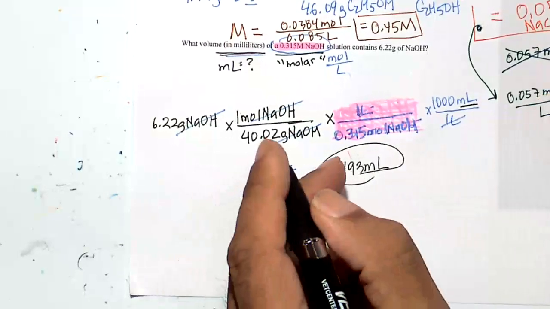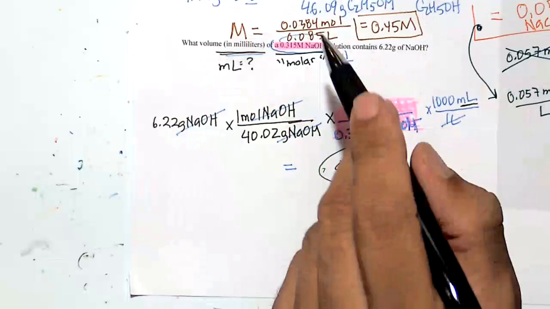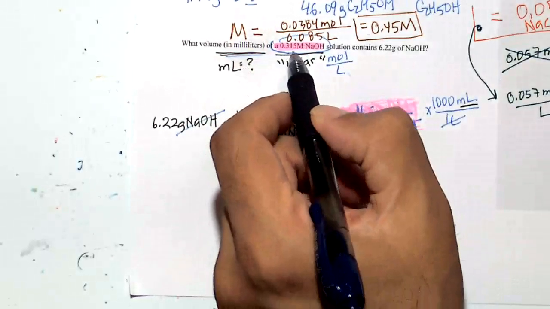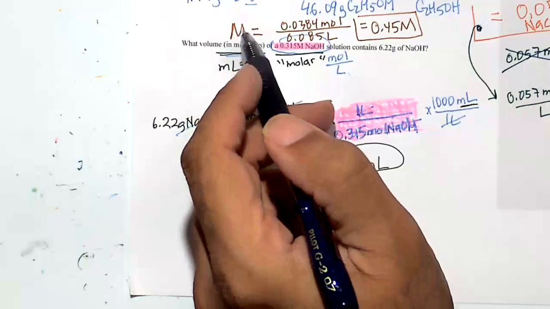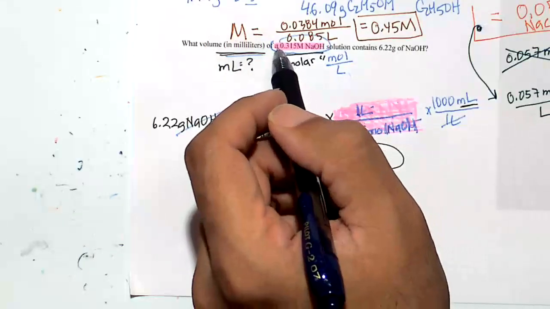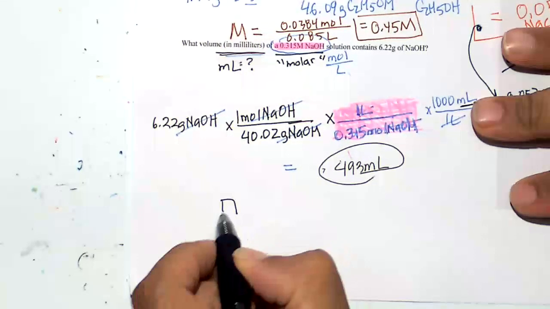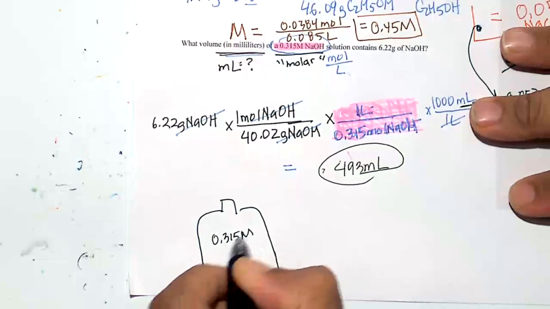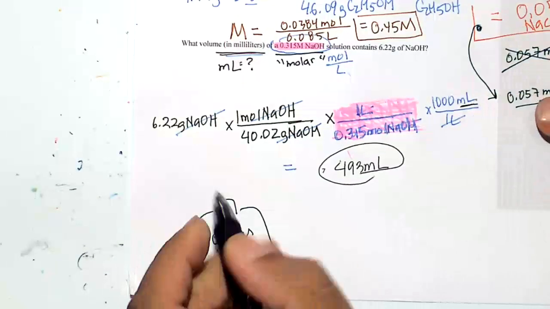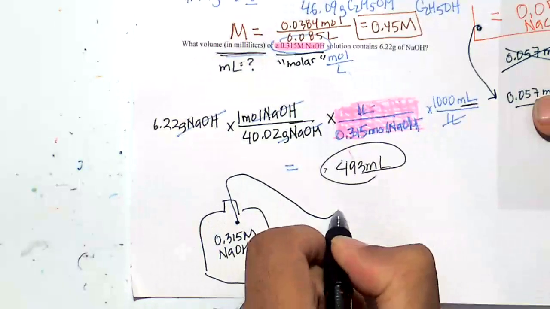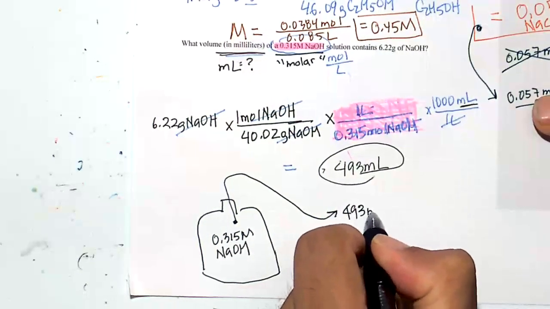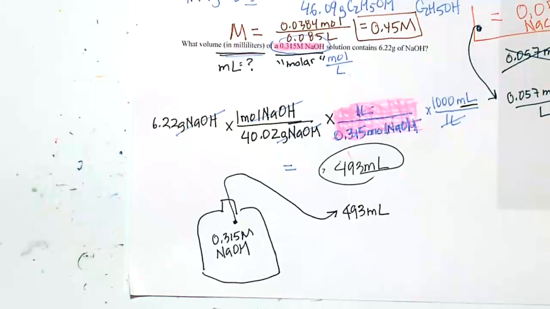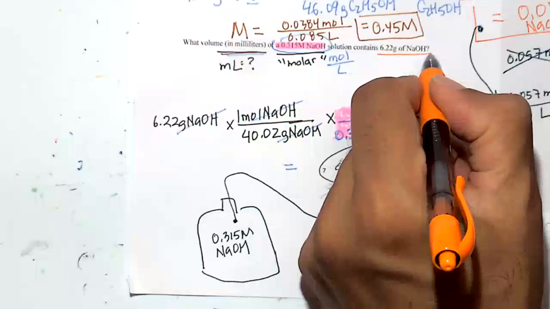So what does this mean? This answer, 493 mLs. Let me draw you a picture. We have a bottle just like this. Instead of 0.057 NaCl, it's 0.315 NaOH. So here's our bottle, and it's 0.315 molar NaOH. If I take out 493 mLs, how much NaOH did I take out in grams? 6.22.